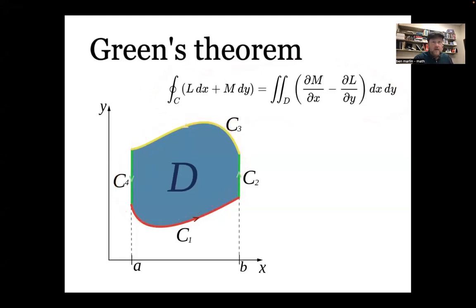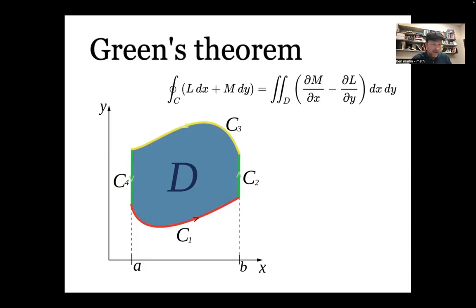Okay, so the basic notion for Green's theorem is that you have a curve which forms the boundary of some region. The region doesn't have to look like this. It doesn't even have to be a single piece, but we do need to have certain characteristics about it that are complicated.